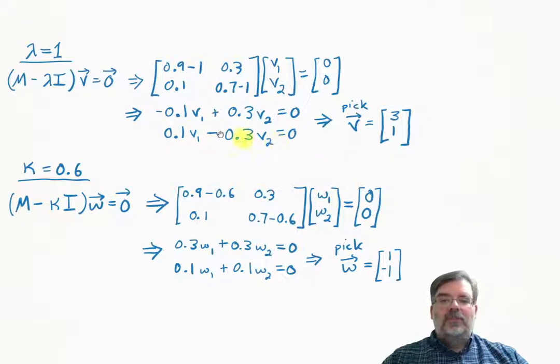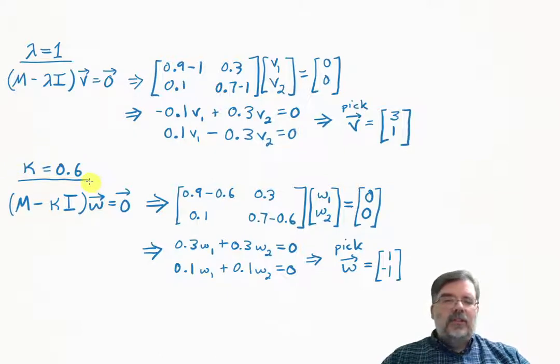One equation should be a multiple of the other equation. We can still pick, and we still should pick, nice whole numbers for our free variables. Right here in particular, if you pick 3 for v1, you can pick 1 for v2. So you get a nice eigenvector there. The eigenvector for eigenvalue lambda equals 1 is 3, 1.